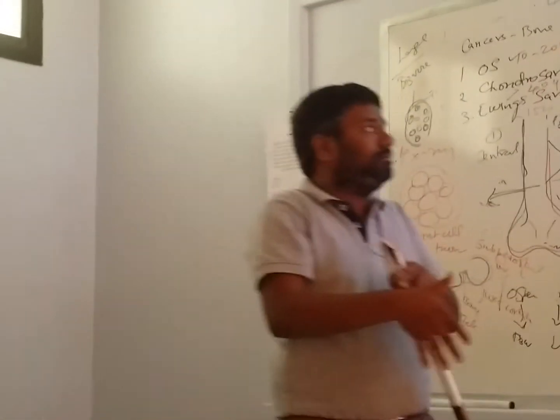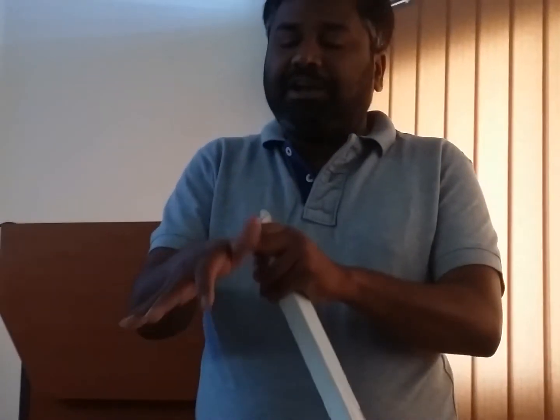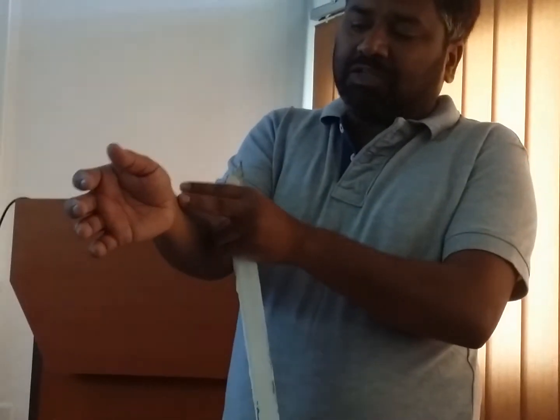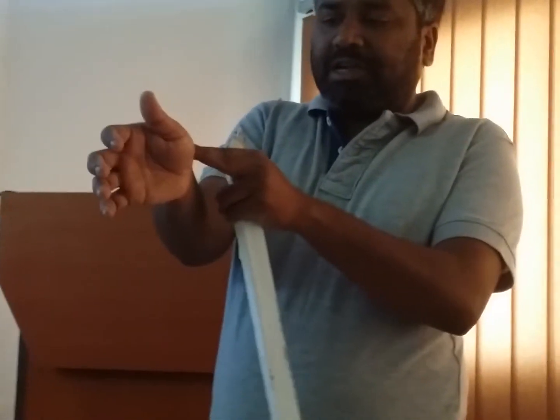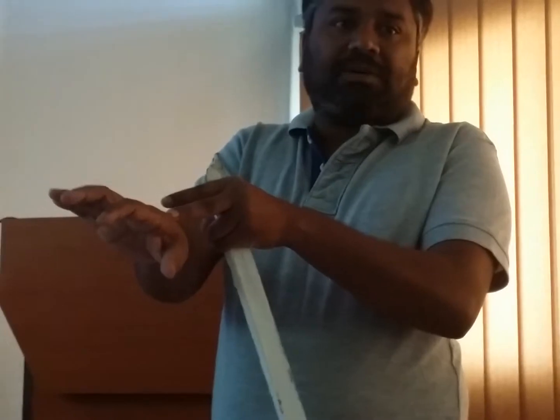It is bounded by the extensor pollicis tendons, and the floor is formed by the scaphoid as well as the styloid process of the radius. What is the floor of this? Scaphoid and then the styloid process of the radius. The radial artery, after coming to the front of the wrist, winds round the radius, runs in this snuff box and comes to the dorsum, where it pierces the dorsum of the hand between the thumb and index finger.